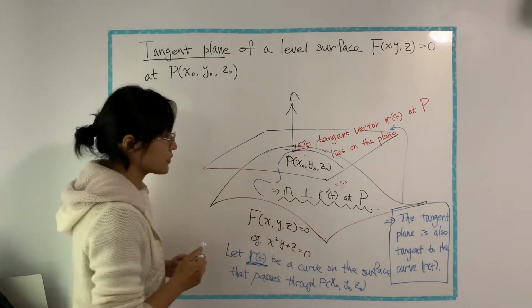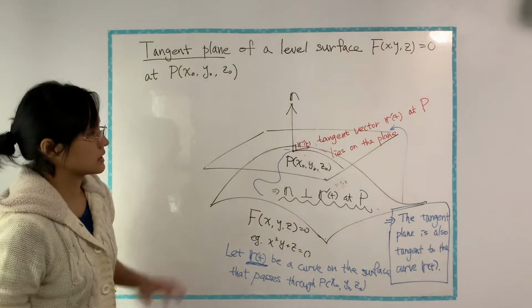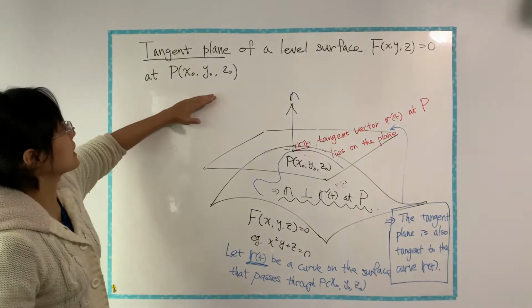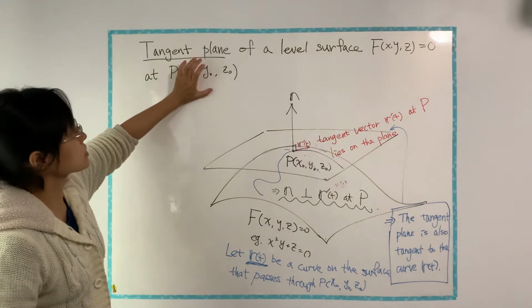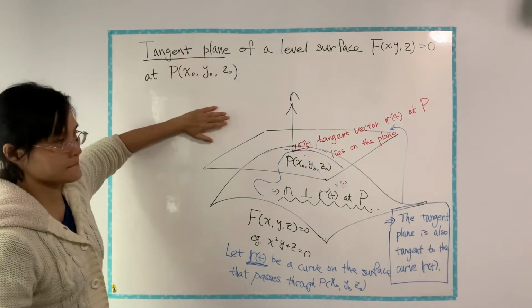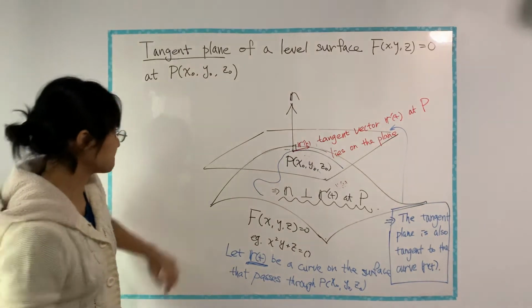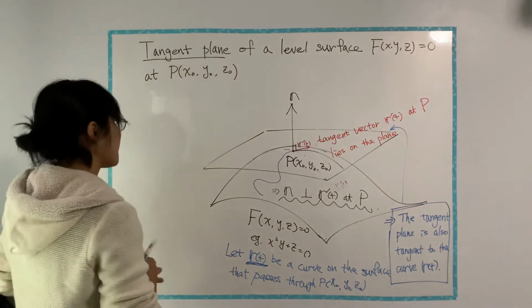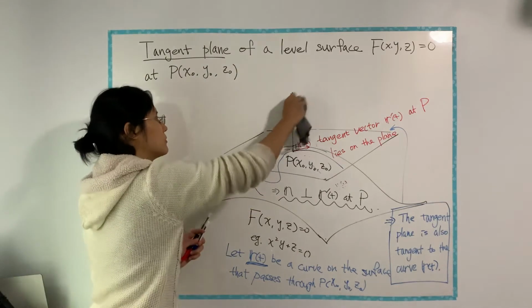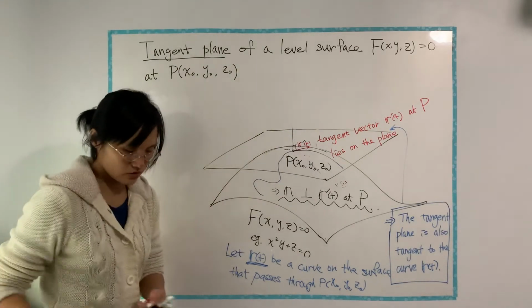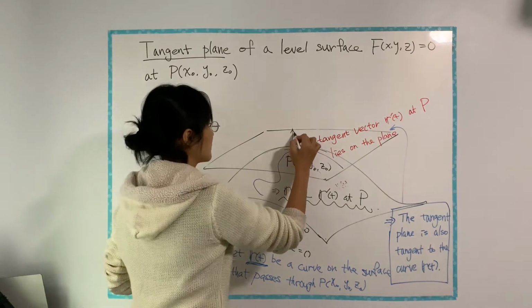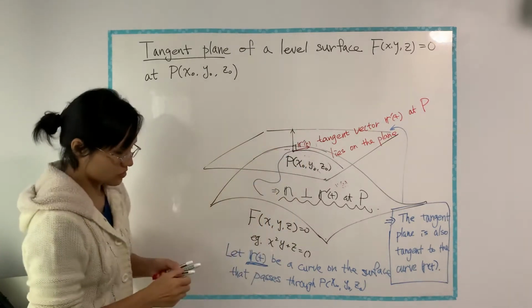So this is a very important observation that we need in order to write down the equation of the tangent plane. Okay? So I'm going to make this normal vector a little bit smaller so I have more room to write.